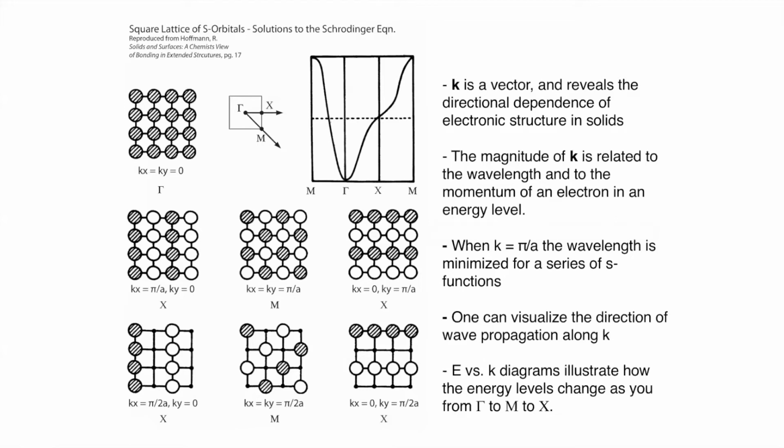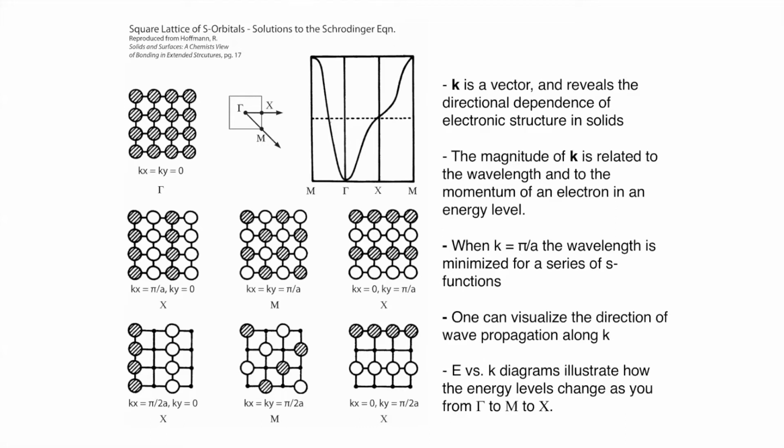All right, so K, this index, is a vector, and it depends upon the direction, or it's related to the direction in the solid. And you have to consider the symmetry of the solid to get to the allowable values of K, the unique values of K.